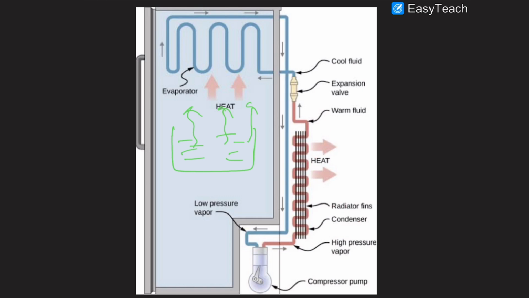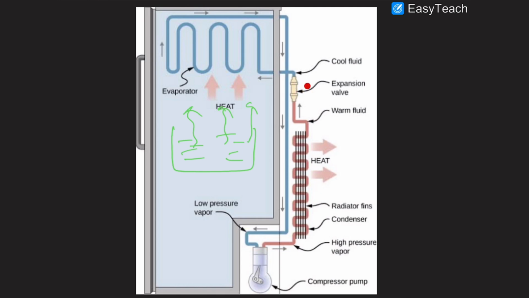Now this high pressure vapor is converted into warm liquid after going through this arrangement, because its temperature decreases, so it condenses. That condensed warm liquid is passed through an expansion valve.